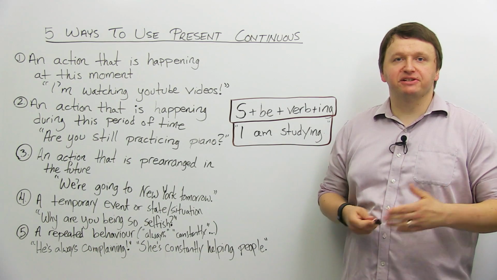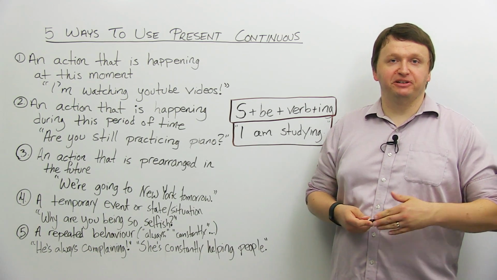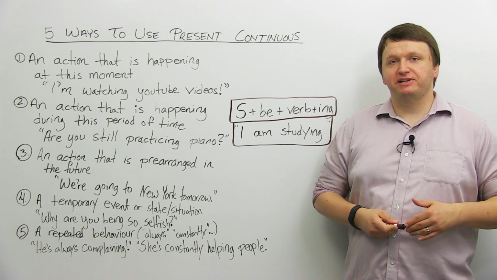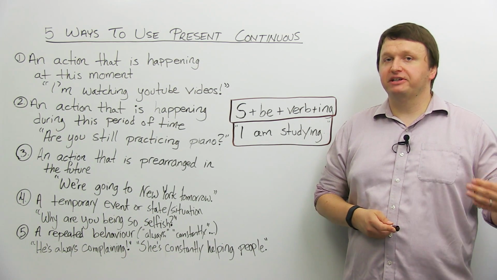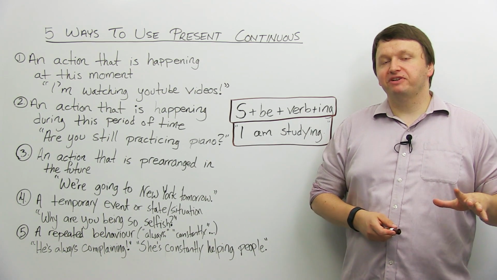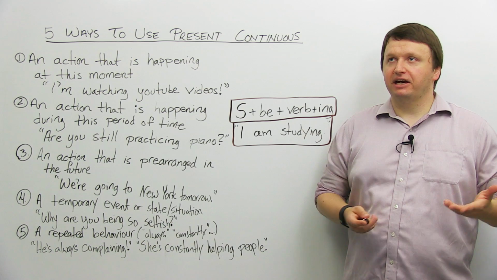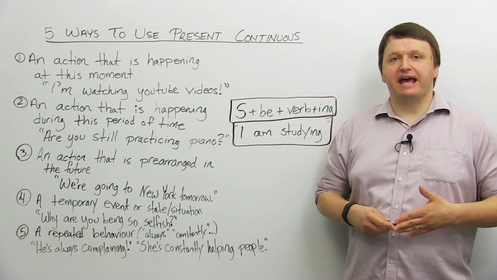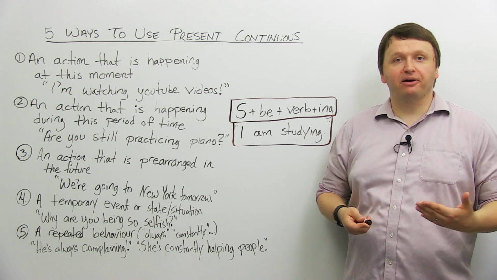Or present progressive, depending on which grammar book you read. So today we are going to look at 5 different ways that we use this very common grammar tense. Now, if you're watching this video, you might say, okay, I know the present continuous. I use it to talk about an action that is happening right now.